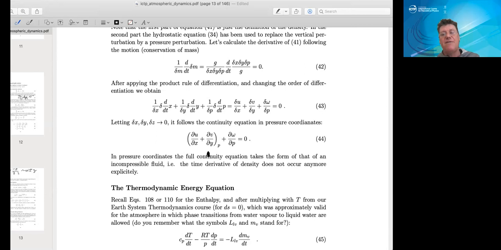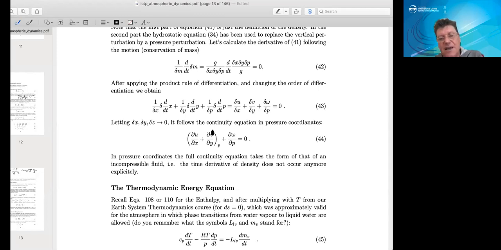So it's a very precise law, only that we have posted it in this pressure coordinate system. So it seems actually we are losing not only one prognostic equation, which is the vertical equation of motion, but we lose another prognostic equation, which is the equation for the density, the continuity equation.